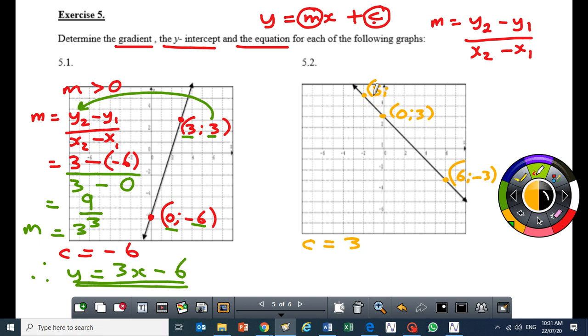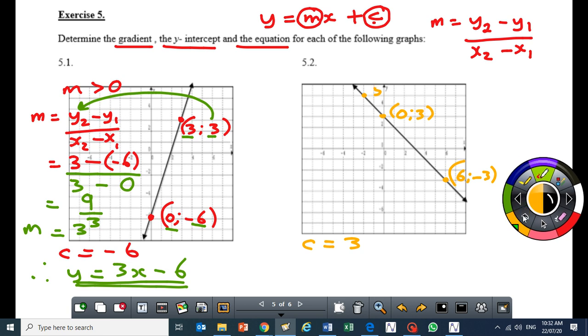So at that point, x is minus 2, and remember the x value is that one. And y is the value that's there, which is going to be positive 5.